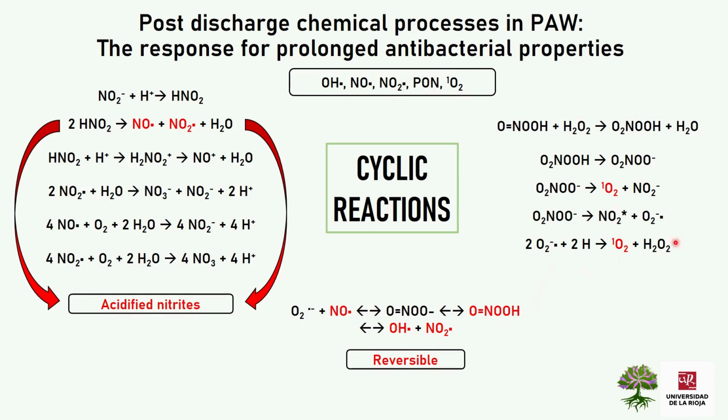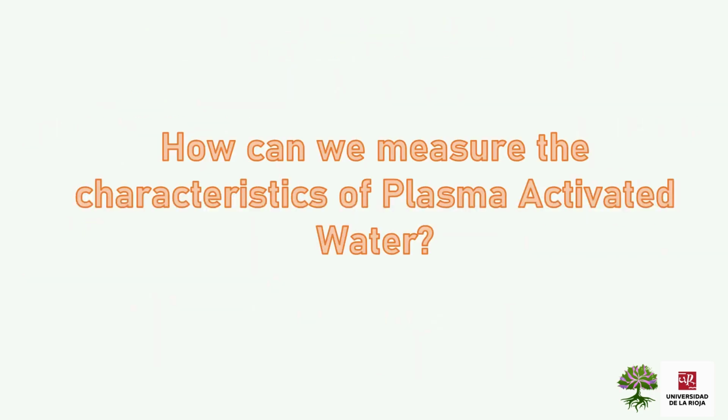And finally, singlet oxygen is a result of the combination of peroxynitrite with other species. So, we are able to find these reactive species in plasma-activated water after some days or even months due to the cyclic reactions. Once we know the characteristics of plasma-activated water, we should investigate how they can be measured.